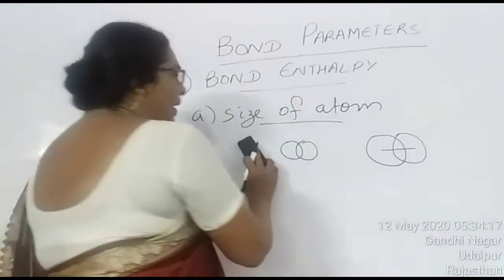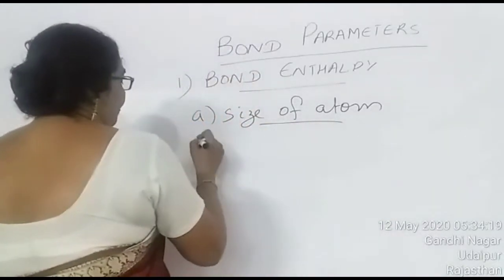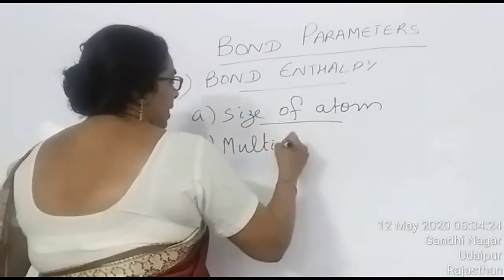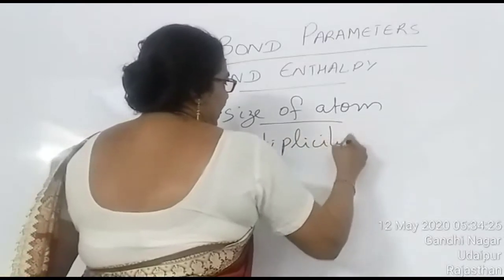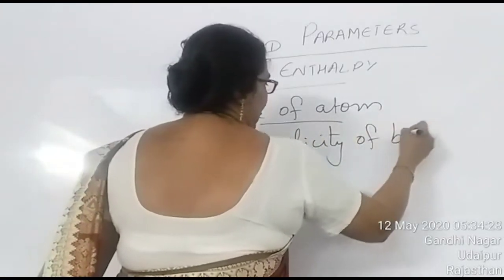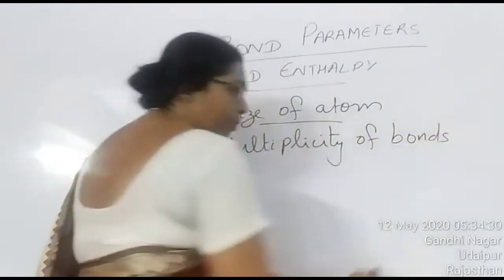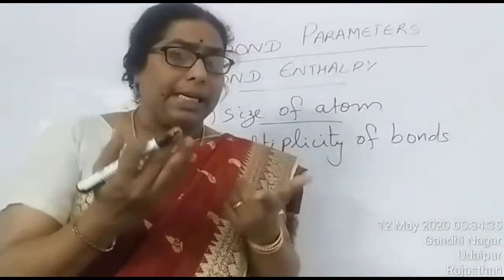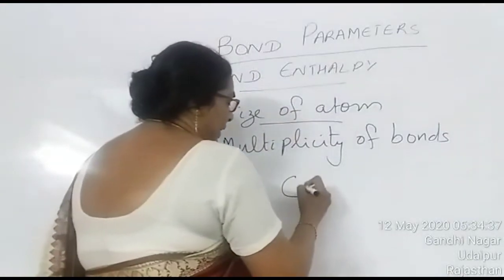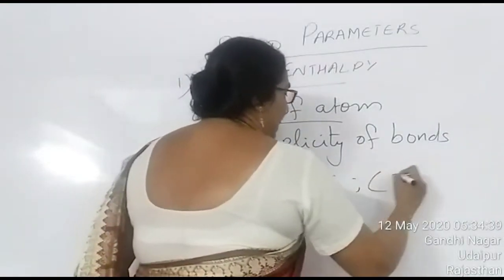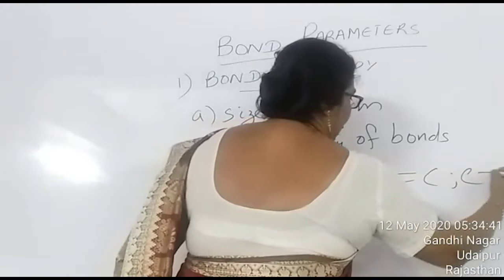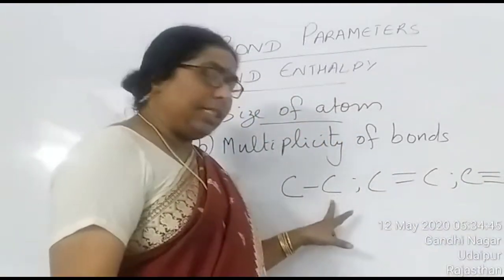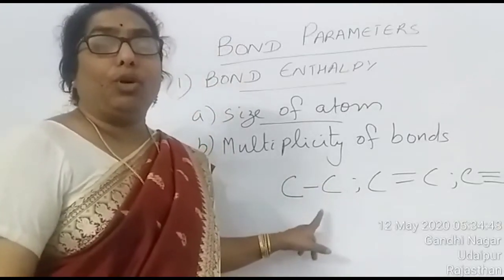Next factor, let us consider the multiplicity of the bond. Multiplicity means, as you have studied, single bond, double bond, triple bond. Suppose you consider C single bond C, C double bond C and C triple bond C. In the first case, C single bond C, only a pair of electrons is involved.